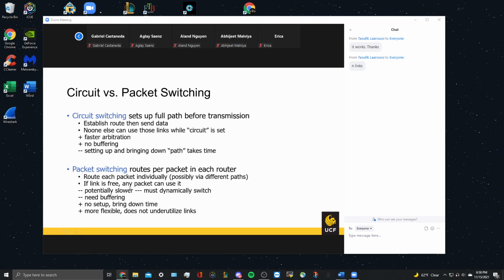Is that clear? So if we reserve something for the communication, we do not have to temporarily buffer them. We can directly open a path between the source and destination, so we do not have to temporarily store the packets.